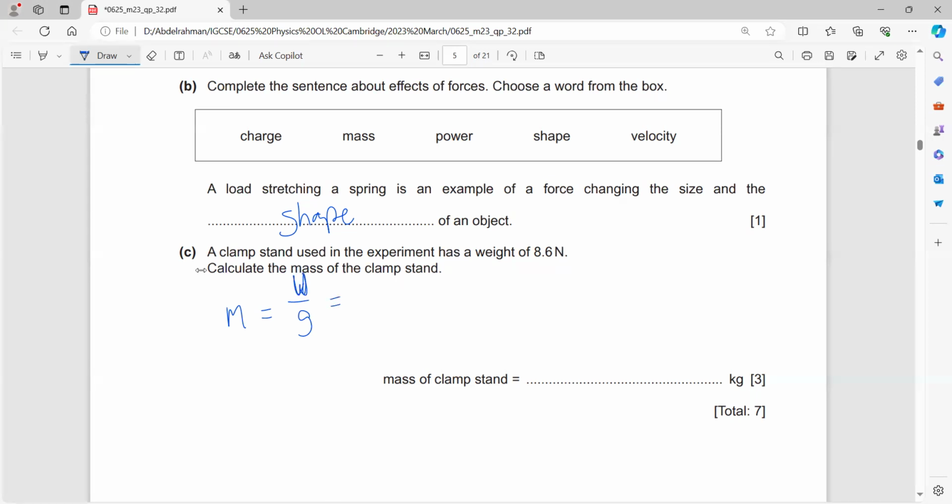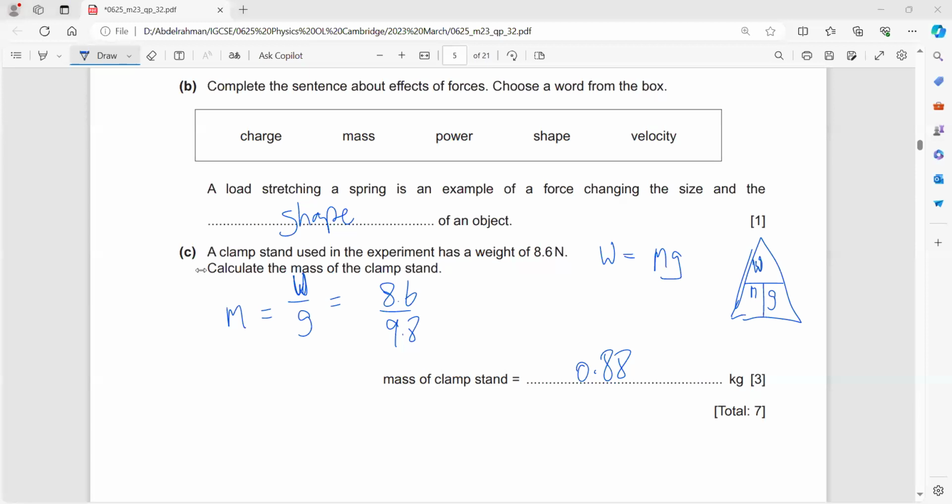So the mass is 8.6 divided by 9.8, which would be 0.88 kilograms. When we find the mass, we divide. The initial equation is weight equals mg. We can draw a simple triangle. Weight, mg. So if you want the mass, weight divided by g.